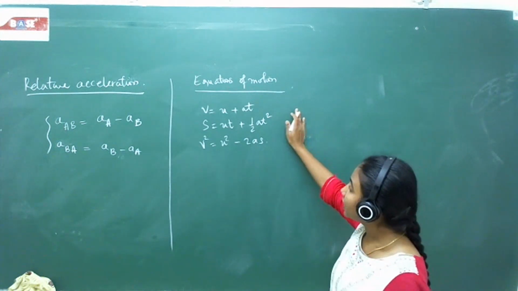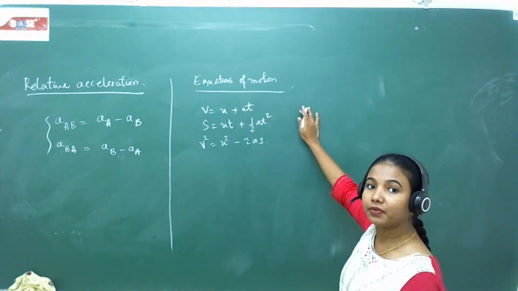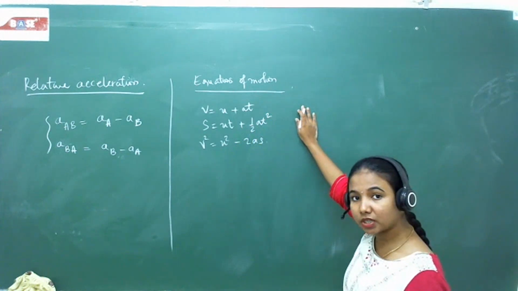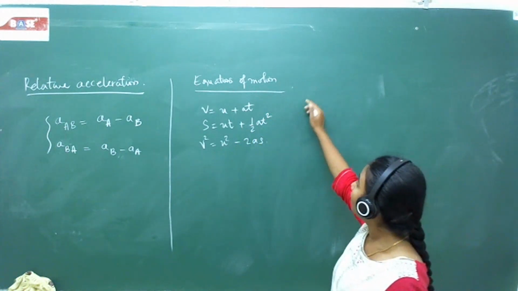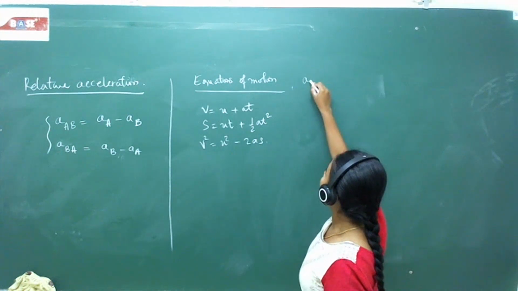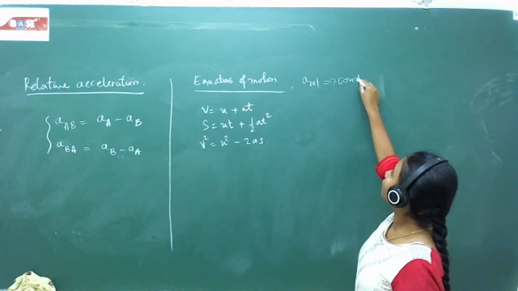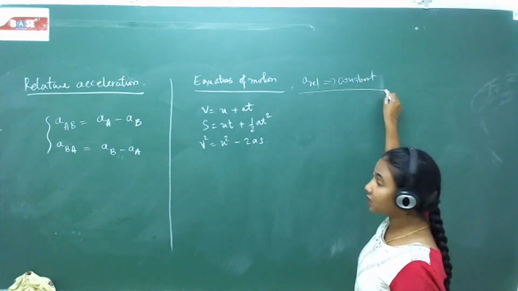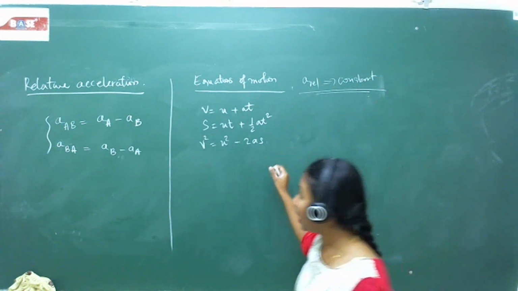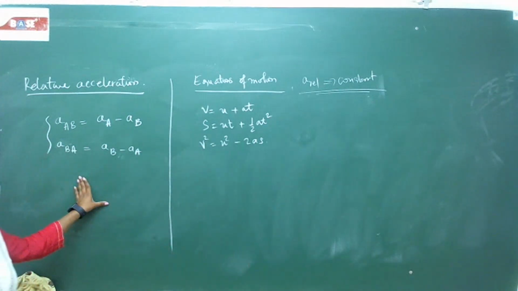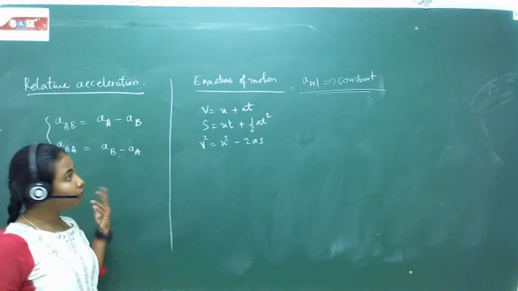So here the same relativity concept we can apply to the equations of motion also, but the condition is that the relative acceleration must be constant. When this is valid, you can apply the relative concept to the equations of motion.